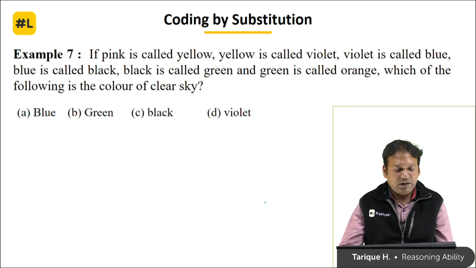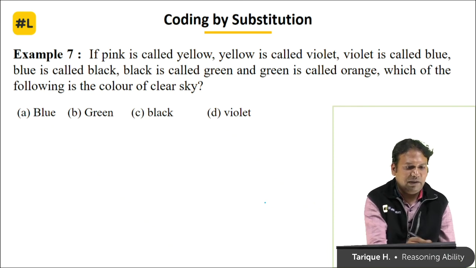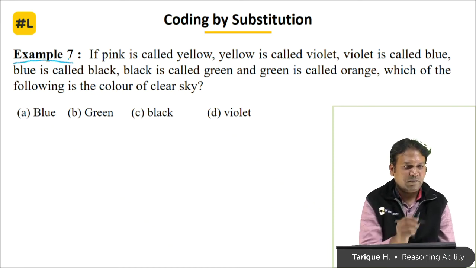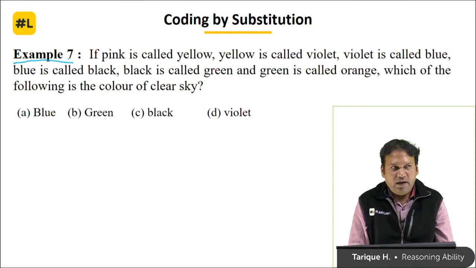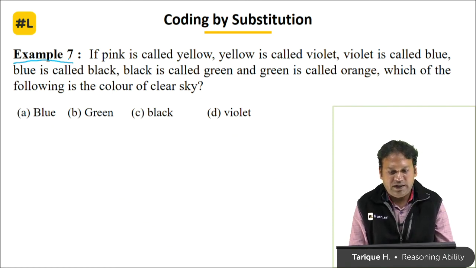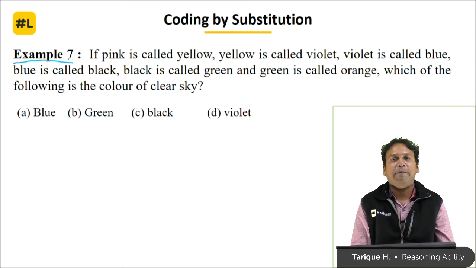Alright, so look at this example, example number 7. If pink is called yellow, yellow is called violet, violet is called blue, blue is called black, black is called green, and green is called orange, which of the following is the color of clear sky?